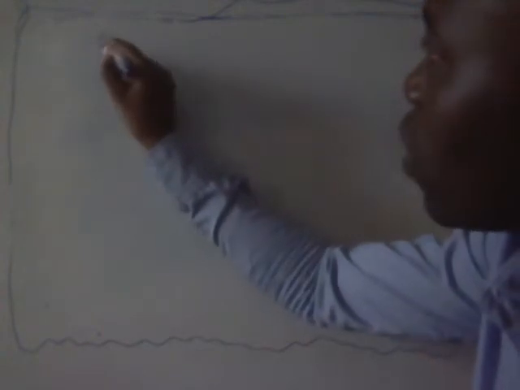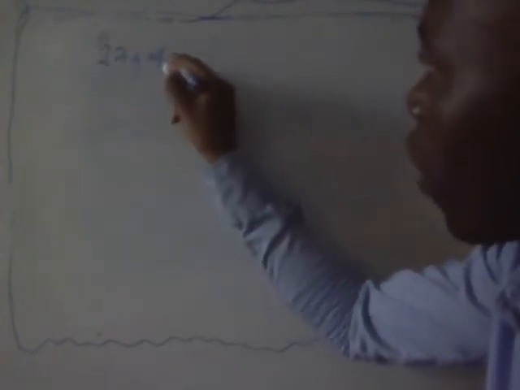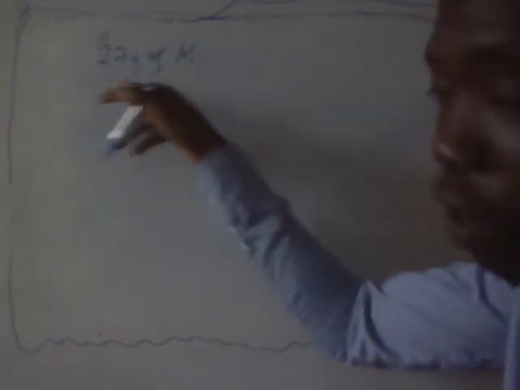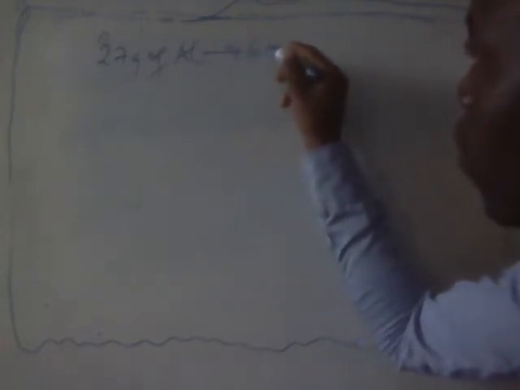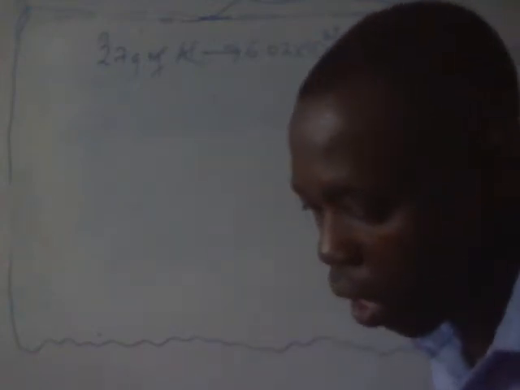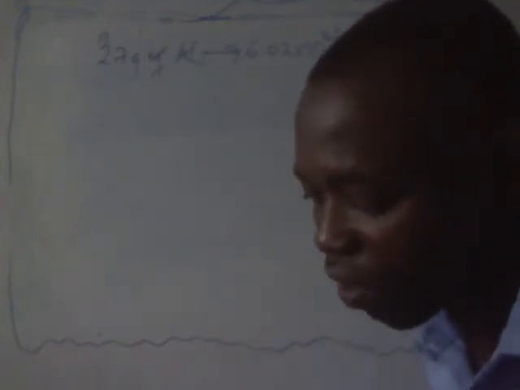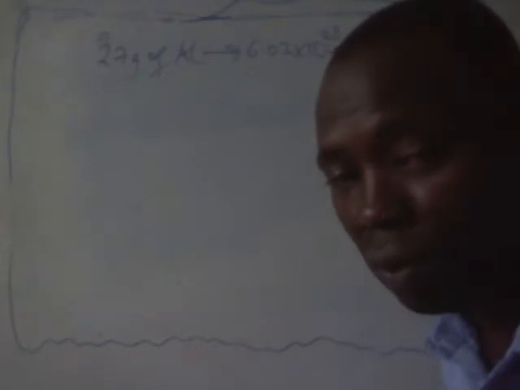We have given the atomic mass of aluminum here as 27. So that means 27 grams of aluminum, which means 1 mole, contains 6.02 times 10 to the power 23 atoms. Okay, now look at the question. How many atoms are there in 2.7 grams of aluminum?